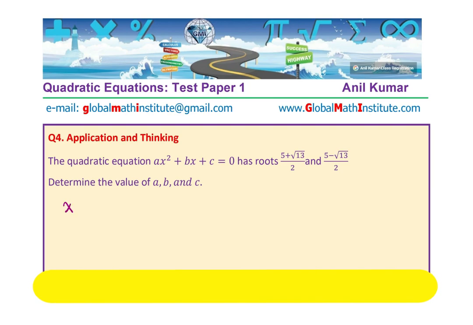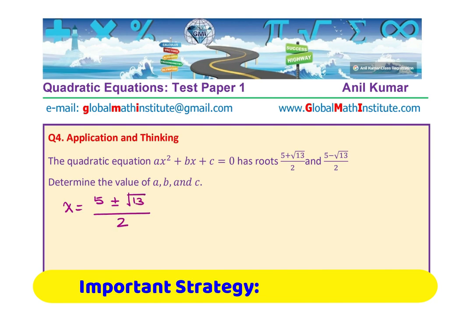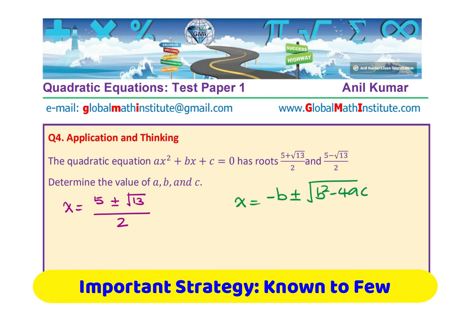We are saying that x equals 5 plus or minus square root of 13 over 2. Now if you compare this with the quadratic formula, which is x equals minus b plus minus square root of b squared minus 4ac, then it will be very easy for you to get the answer.